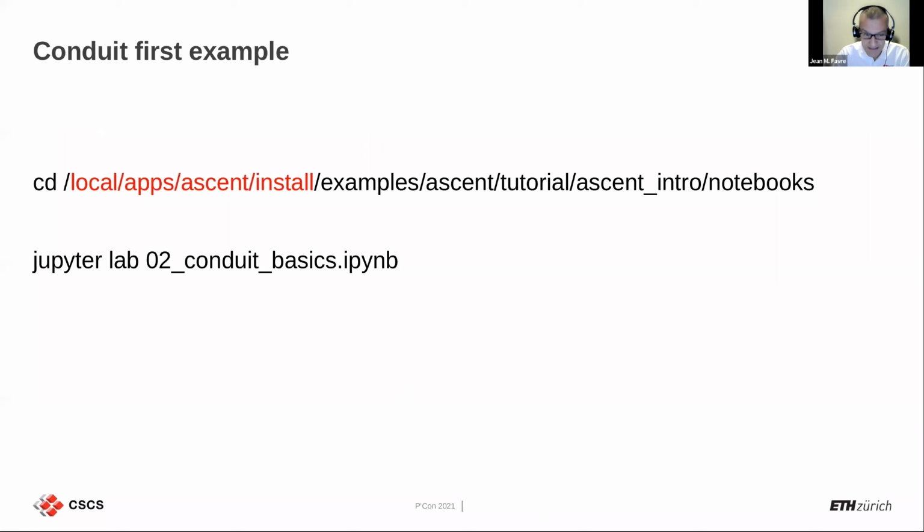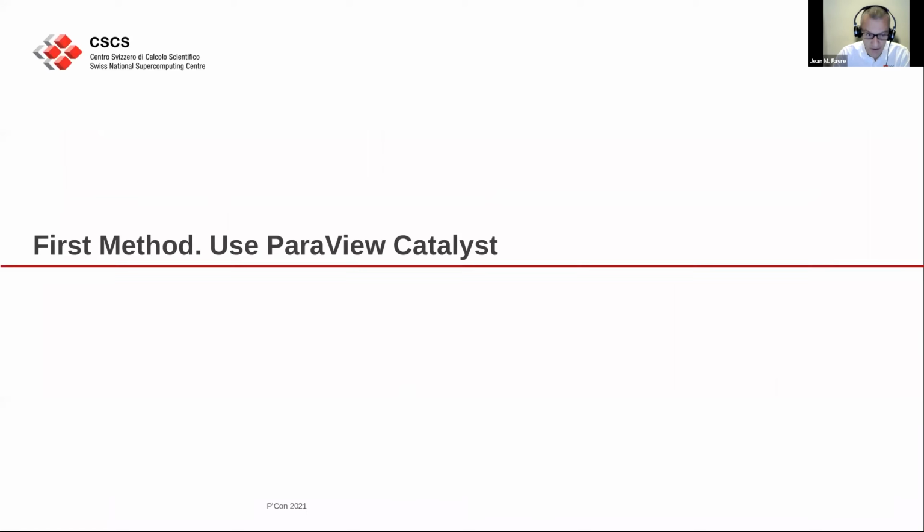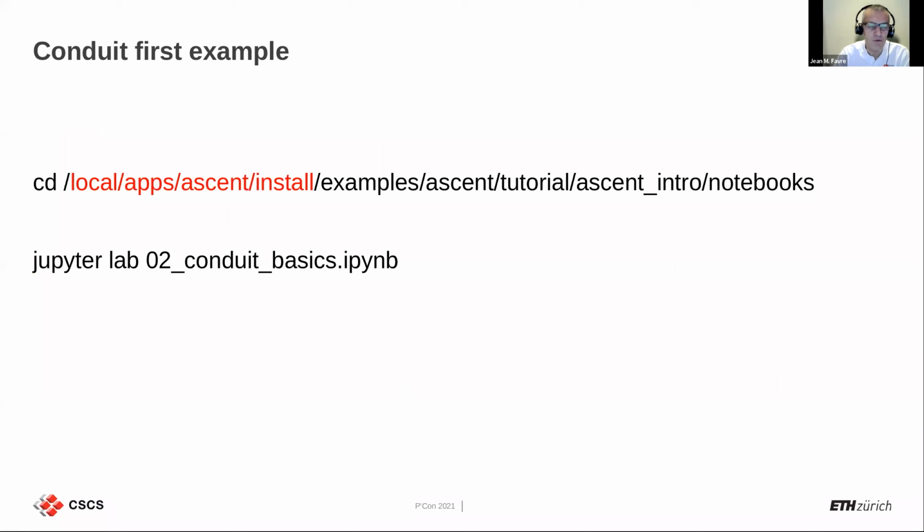But the great thing is that actually those examples are also available via a Docker container, which you can run directly on your machine if you have Docker installed. So I'm going to drive you through that particular example, but you will be able to repeat that on your own desktop as you try.